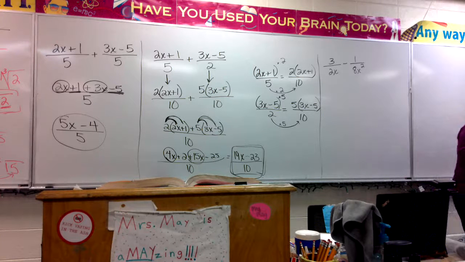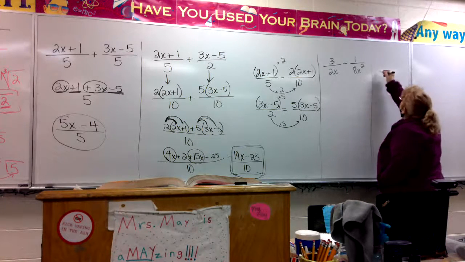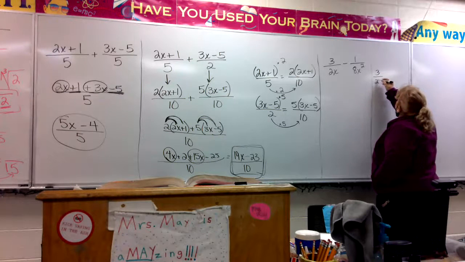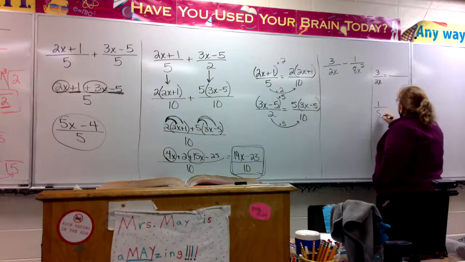And in the last lesson, we worked with denominators that had letters in them, so it shouldn't be too bad. While you help me figure out what the common denominator should be.